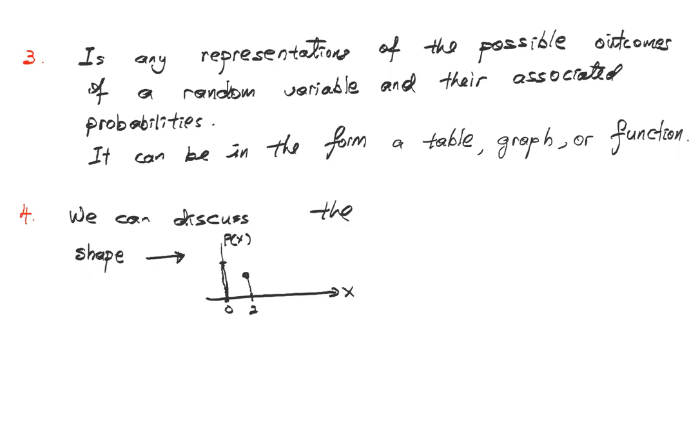When you talk about 5, the probability is 0.1. When you talk about 10, this is called a spike diagram. You can use your calculator to draw the spike diagram.